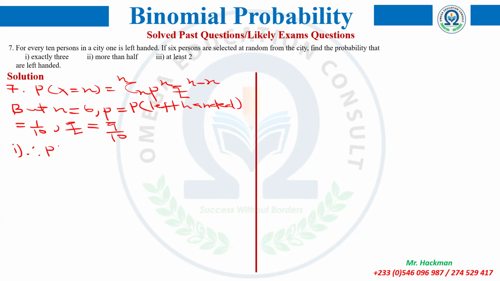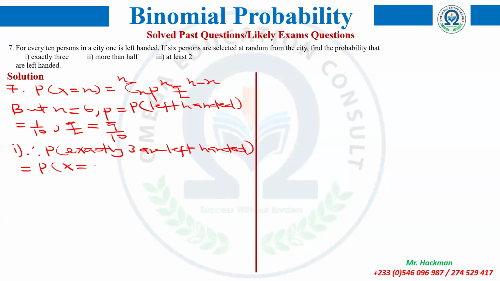So now this will give us P of exactly 3 are left-handed. That's the probability that you are asked to find. So that will be equal to P, because this is already in terms of our success, because success is left-handed.